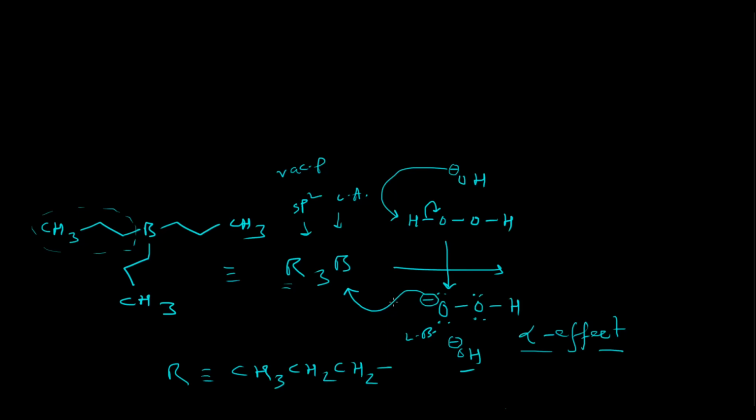So there will be an interaction between these two species, which will form this adduct, a Lewis acid-base adduct. If we draw the structure in a more reasonable fashion, it will look like this.